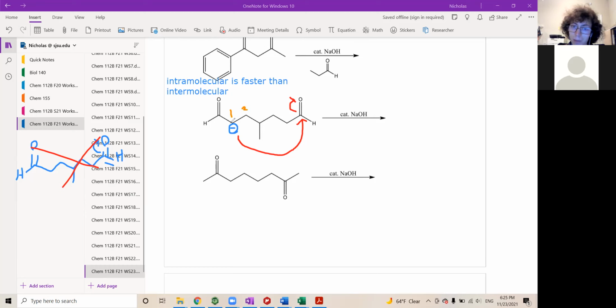I'm going to number from the nucleophile, the enolate, to the electrophile, the carbonyl carbon. When you do that, you can see it's 1 to 6, so we're going to draw a 6-membered ring. If I didn't do that, I might miscount it as 5 or 7 and draw the wrong kind of product. So it's just a good way to make sure you're on the right track.